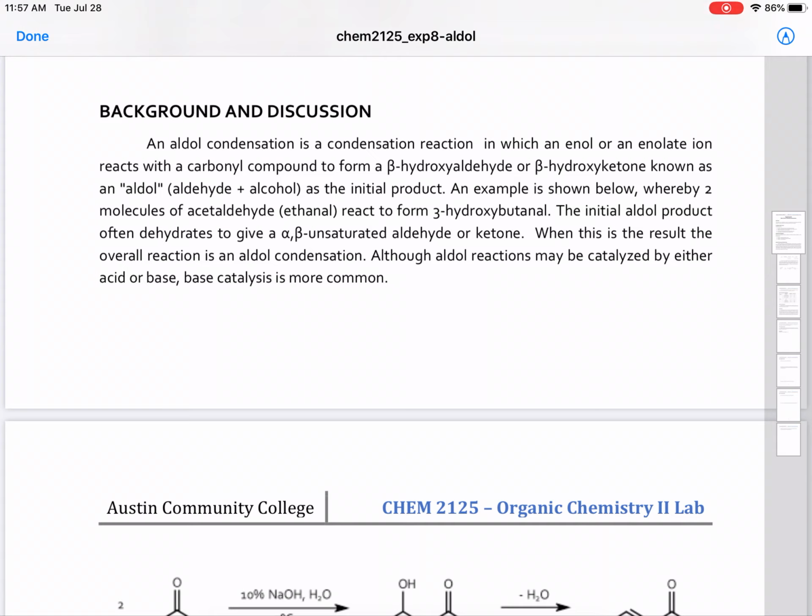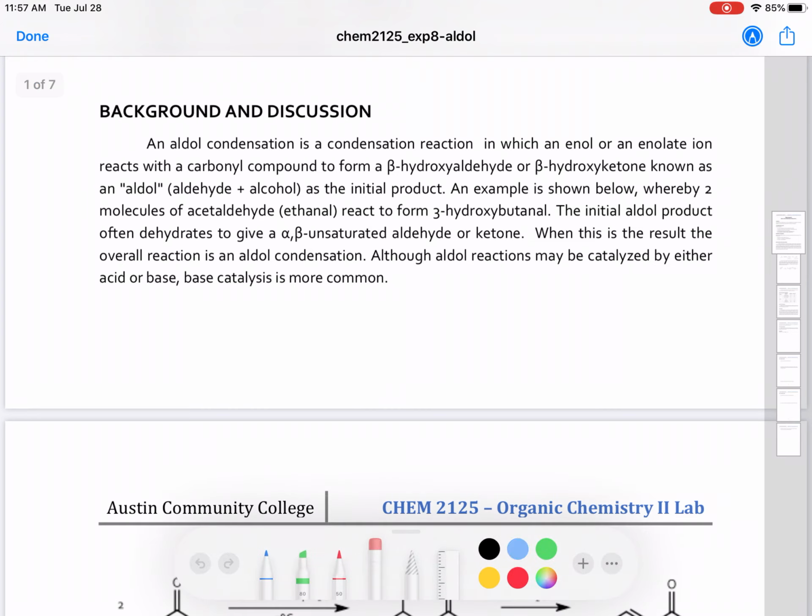Once the aldol is formed, the alcohol, the OH group, can be dehydrated, meaning removal of a water molecule, to give you an alpha, beta-unsaturated aldehyde or ketone. When this is the result, we call the overall reaction an aldol condensation.